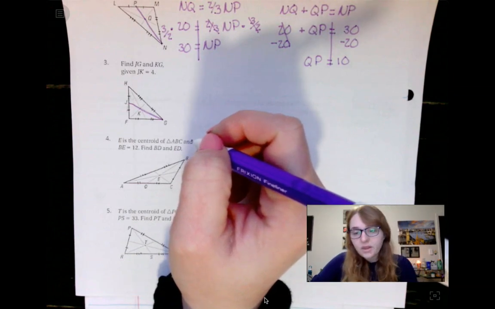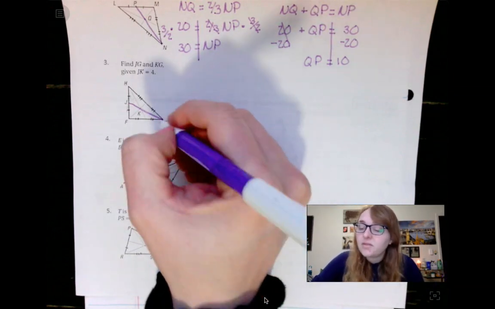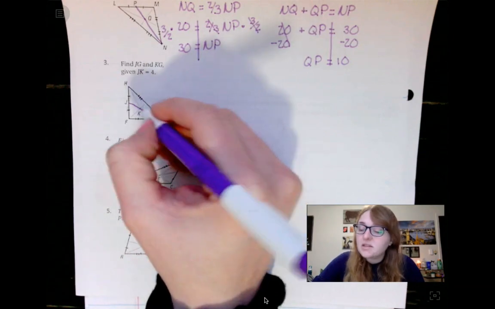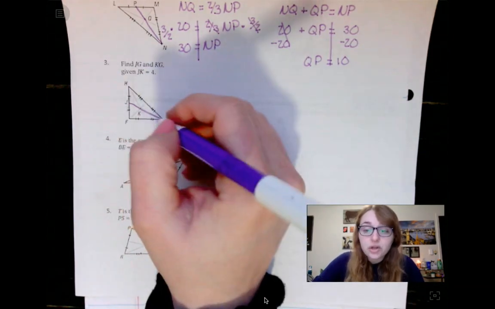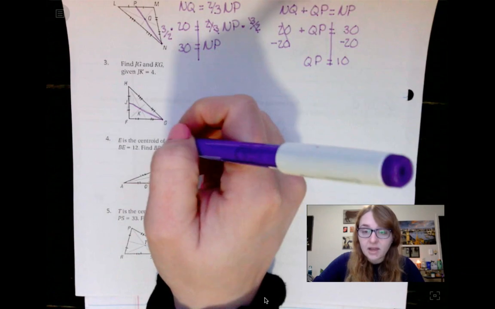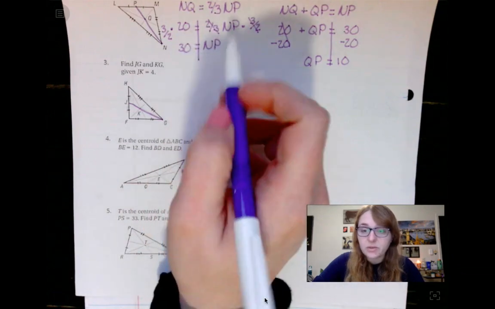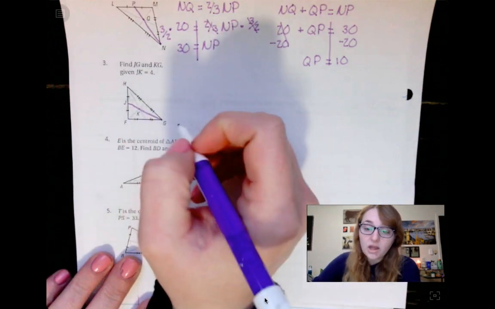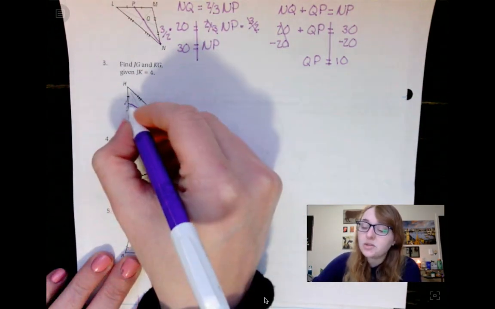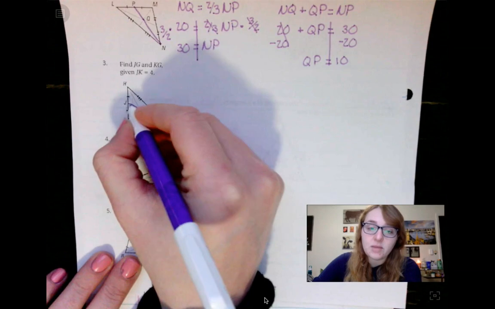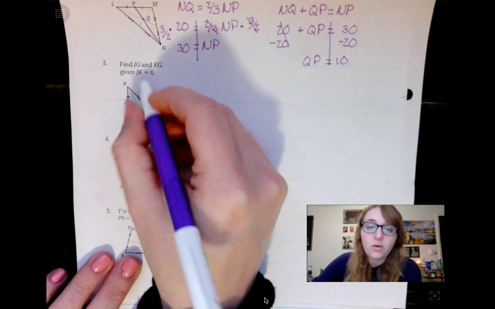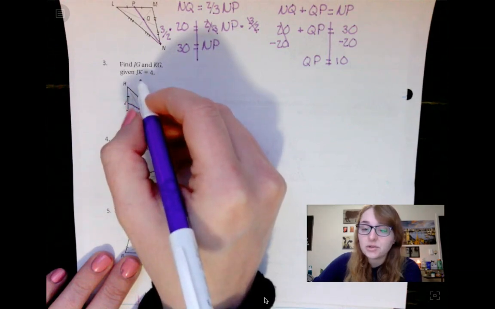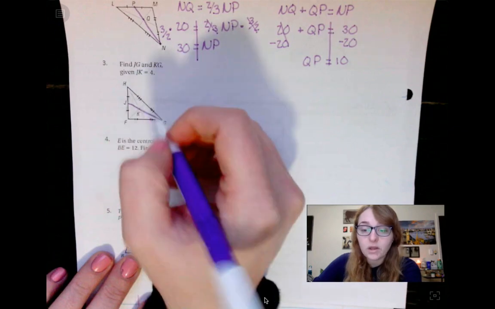So let's brainstorm. If the vertex to the centroid is 2/3 of the entire length, which is what these equations that we've been setting up say, that means that the remaining 1/3 is between the centroid and the midpoint. We know from the problem that JK, centroid to the midpoint, is 4 units.